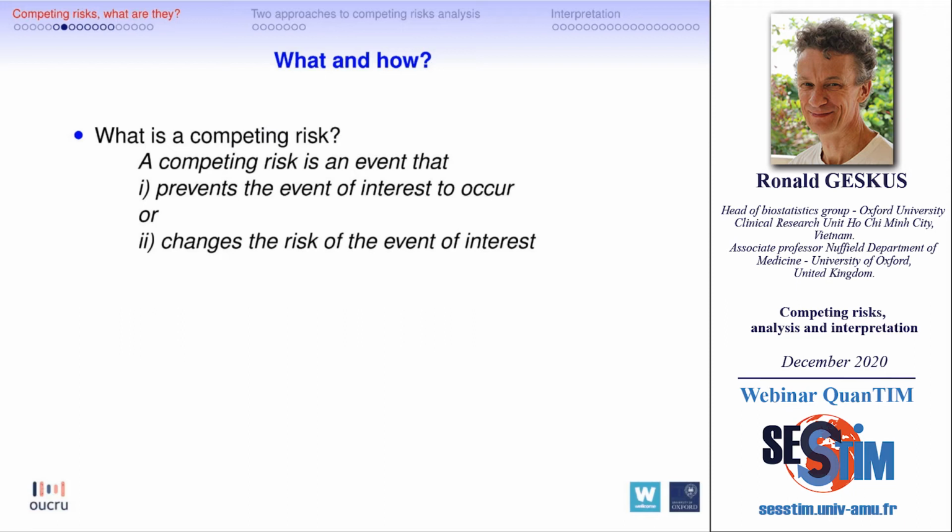This is an event that prevents the event of interest to occur, or it changes the risk of the event of interest in such a way that we really need to take this into account. But in the examples that I use, and that's also the most frequently occurring example, it's number 1, that is the one of interest.